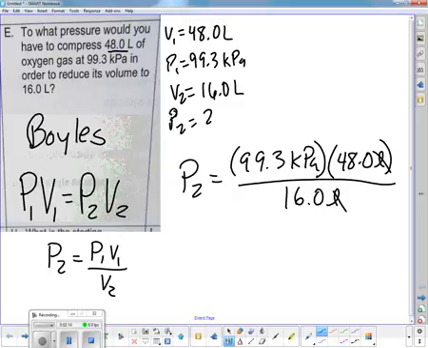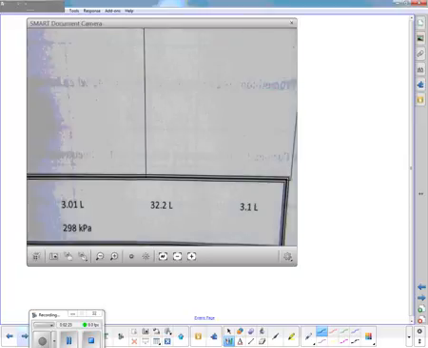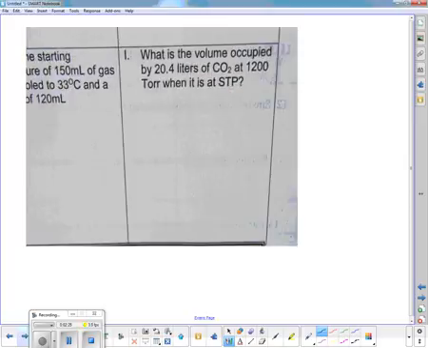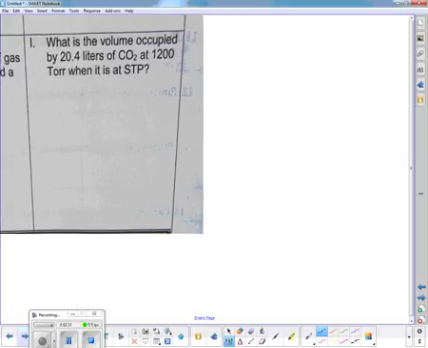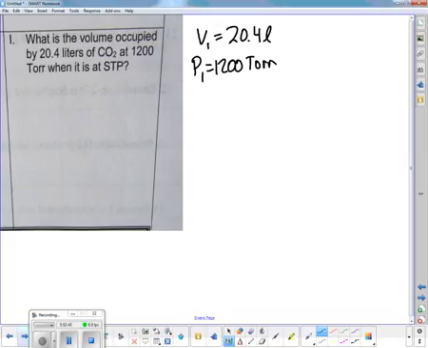Any others that you'd like to go over? Yes, Deisha. Okay, what is the volume occupied by 20.4 liters at pressure 1, 1200 torr, and then they gave me STP.